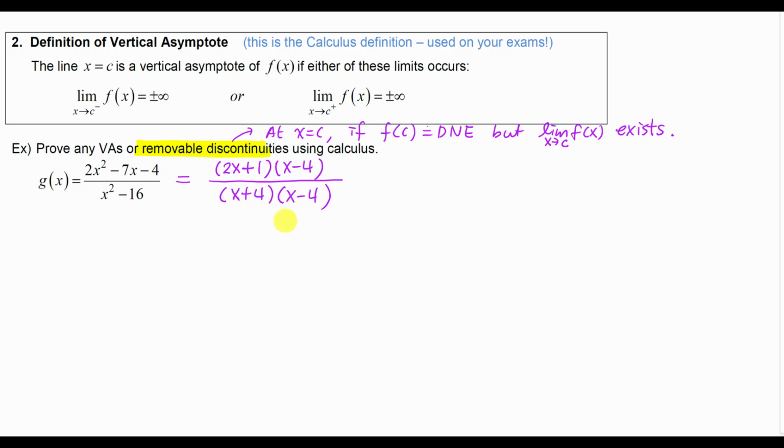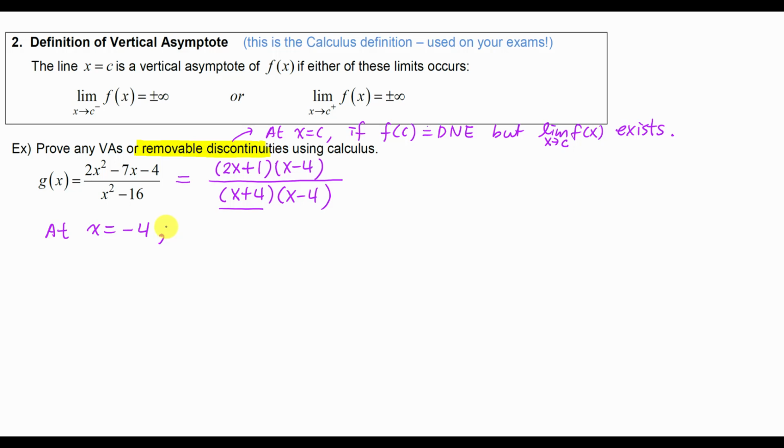And clearly, if x is 4, you get 0 over 0, which you know means there is a hole there. So first, at x equals negative 4, when you do the mental math, you get a number on the numerator but 0 on the denominator. From algebra class, you know you have a vertical asymptote there.